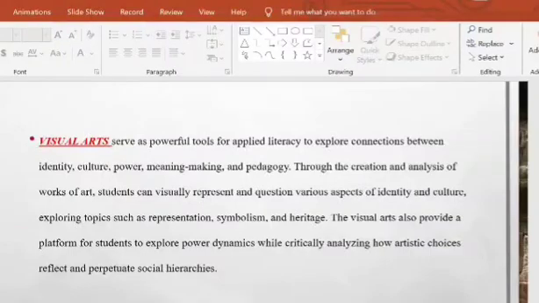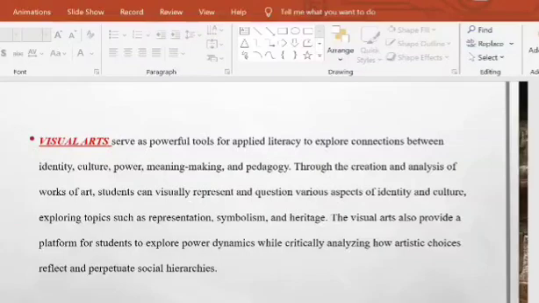Visual arts. Visual arts serve as powerful tools for applied literacy to explore connections between identity, culture, power, meaning making, and pedagogy.